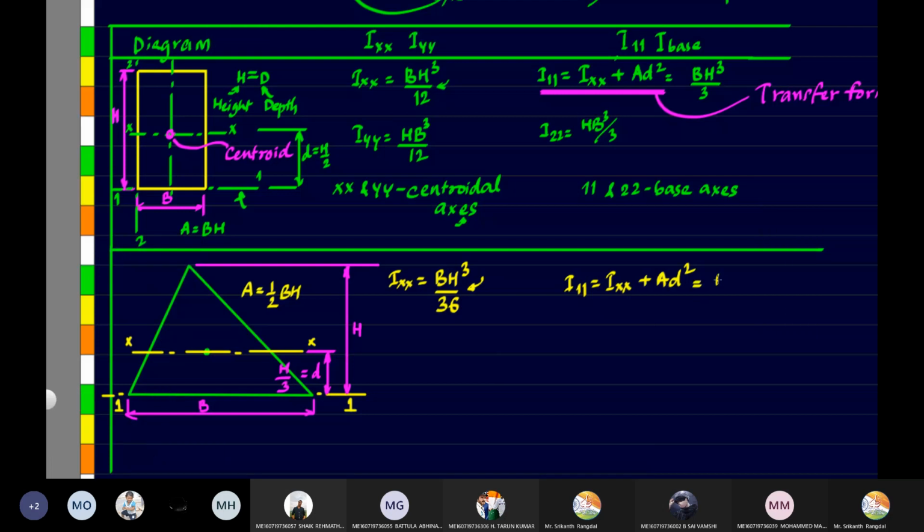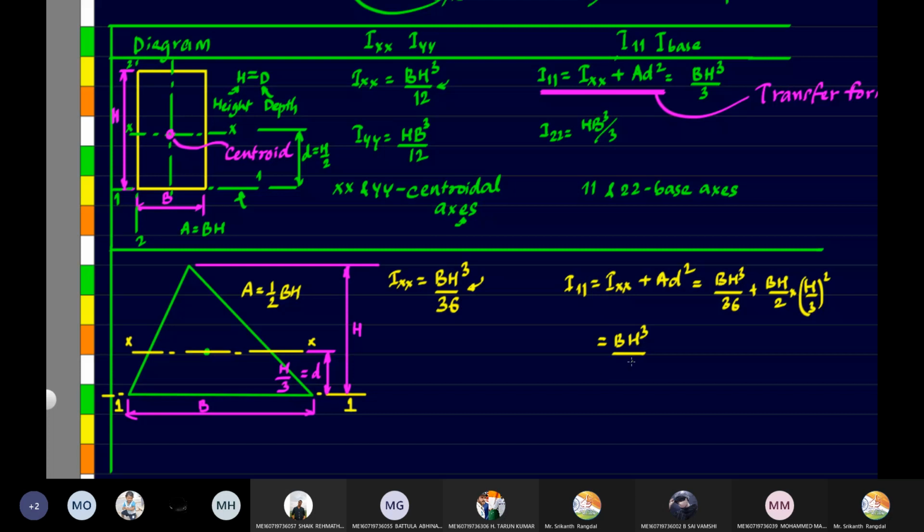So BH cube by 36 plus area, that is, I'll just write it as BH by 2 into D, that is H by 3, square of this. So what I can do is BH cube, and by 6 I can take common, right? 3 3 is a 9, 9 to the 18.